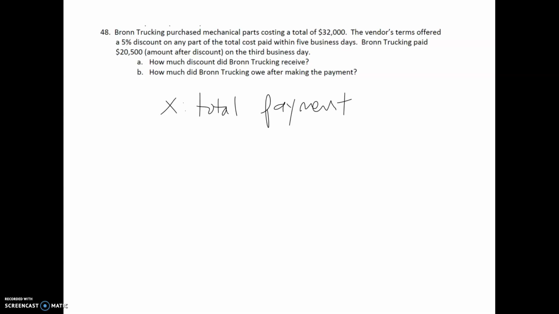So here's how I thought of it originally. I'm going to show you 2 ways to set up the equation. It's going to be 20,500 plus 5% of the total payment, which we're calling X. And what is that going to equal? Well, we don't know what X is.